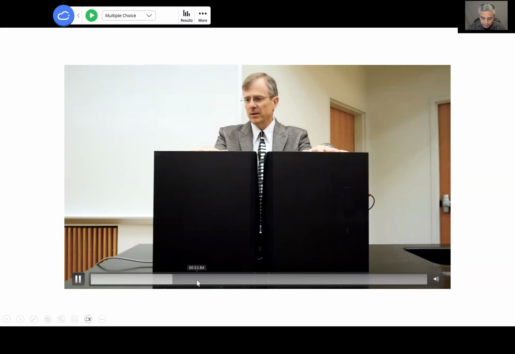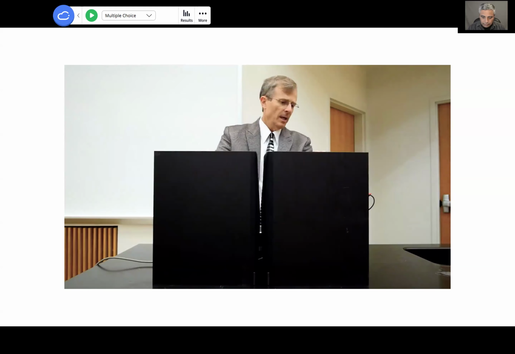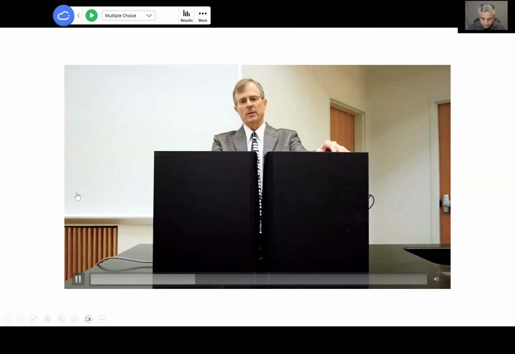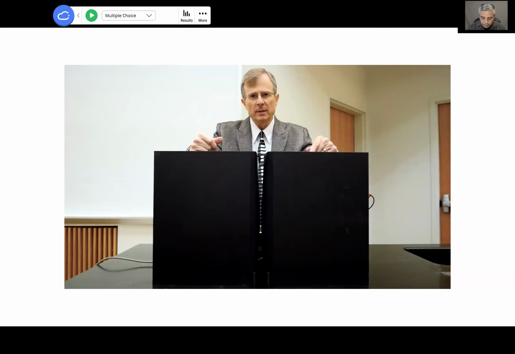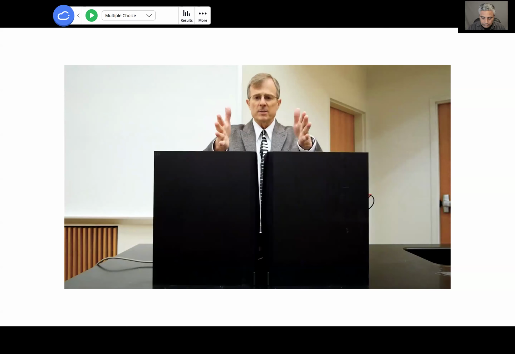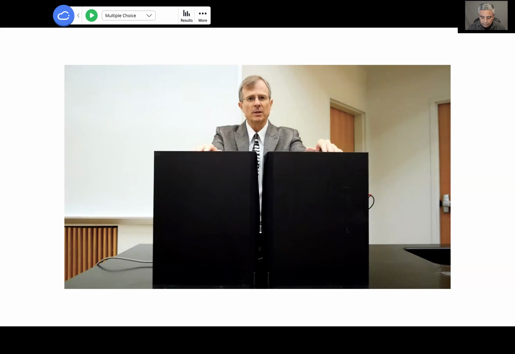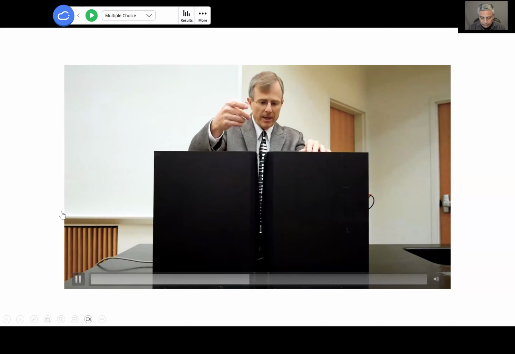What I've done here is I've got two speakers that are actually facing each other, so their cones are vibrating this way, and I've connected up the speakers correctly so that both speakers are in phase, meaning that the same signal fed to both speakers causes this speaker to move out at the same time that this speaker moves out. So they're moving toward each other, and then away from each other, and that causes large compressions and rarefactions and a loud sound to be emitted.